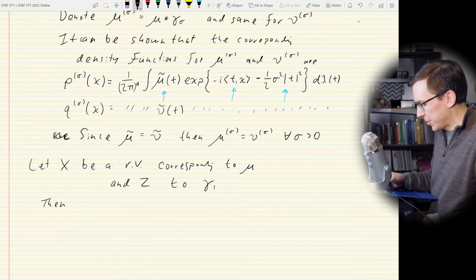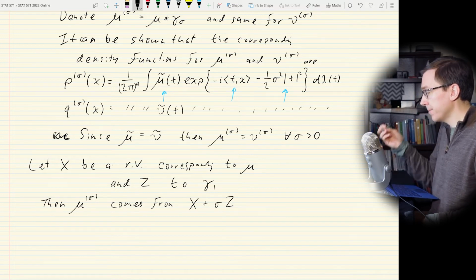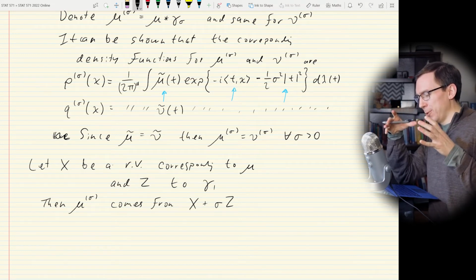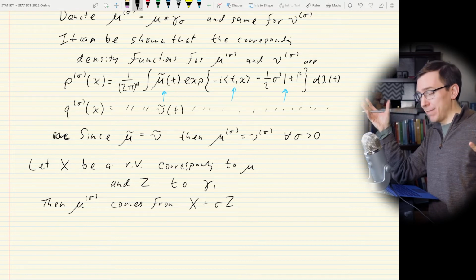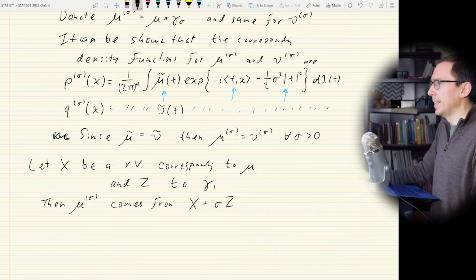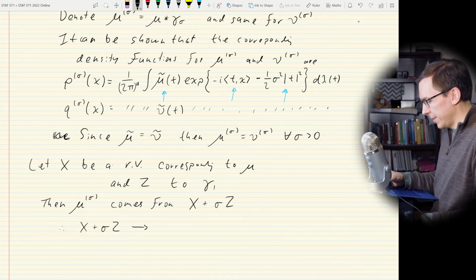Then the measure mu sigma comes from X plus sigma times Z. Again, you can think of this as taking the standard Gaussian Z, scaling it by sigma, which means the variance is now sigma squared. We're convolving it with X, and we're getting our measure mu sigma. Therefore, X plus sigma Z converges almost surely to X as sigma goes to 0.